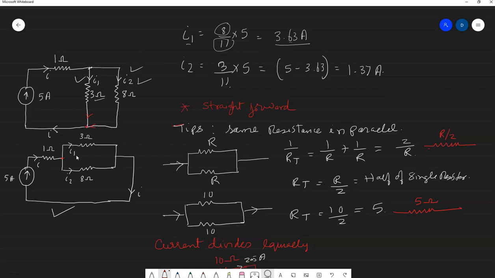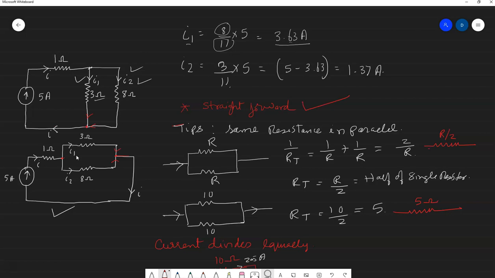The same thing, the current from I2 and the current from I1, if you consider this junction and apply your Kirchhoff current law, must be equal to the current I. So these are the straightforward circuits we can work out.